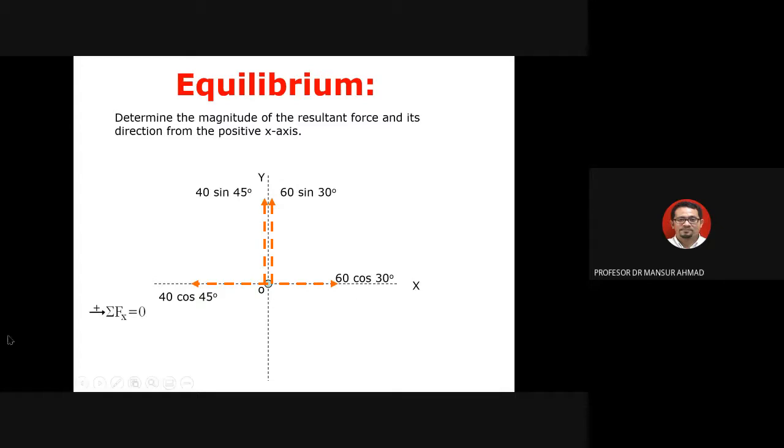When you look at summing forces in x direction, just a quick check. This one is in x direction, but it is negative, and this one is also in x direction, but this is positive. There are only two. These two are in y. So this one and this one are in x direction. So just sum it up.